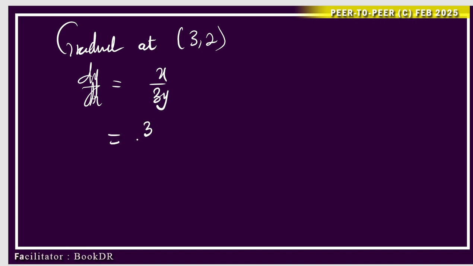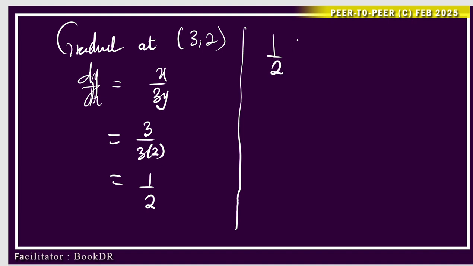So this will be 3 over 3 multiplying 2, and then that will yield 1 over 2. So we are only finding the equation of the line with gradient half and passes through 3, 2. So that 1 over 2 into bracket x minus 3 is equal to y minus 2.